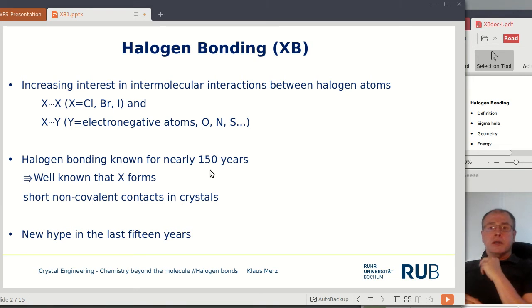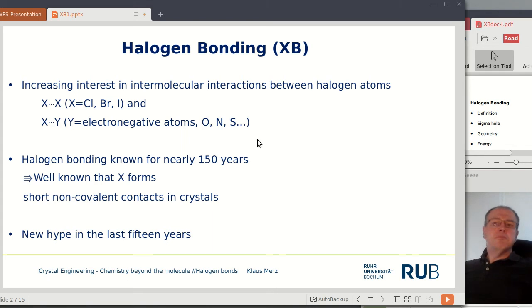And we are talking about halogen bonding with X for halogen and electronegative atoms like oxygen, nitrogen or sulfur. But mostly we are talking about oxygen and nitrogen.